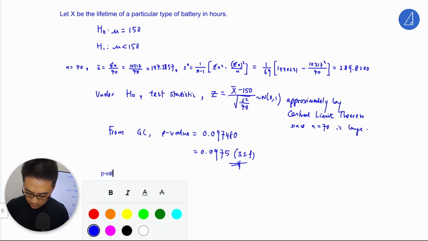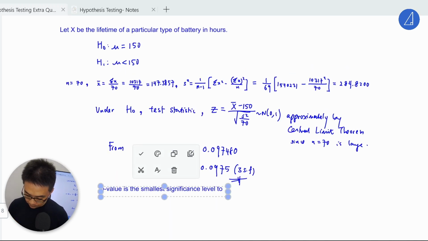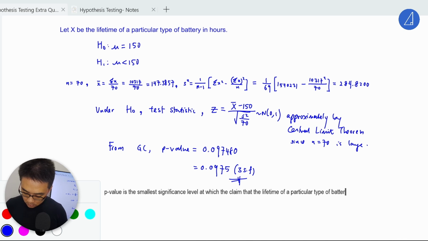The p-value is the smallest significance level at which the null hypothesis, or the claim that the lifetime of a battery is 150 hours, will be rejected.